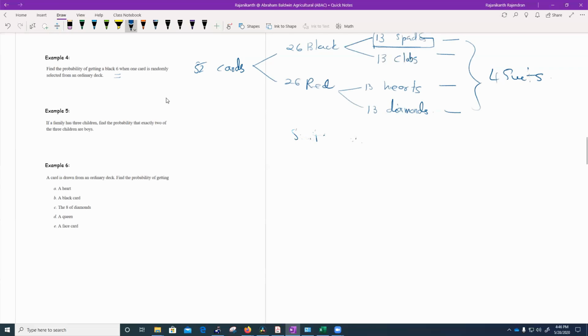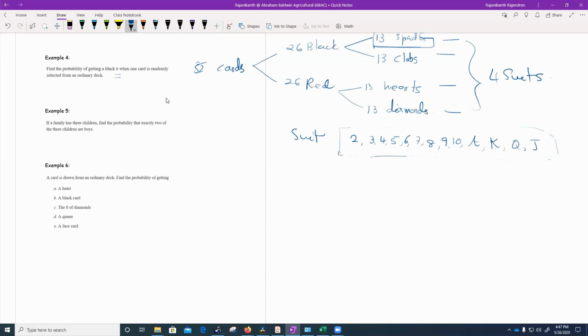You see the numbers 2, 3, 4, 5, 6, 7, 8, 9, 10, and you will see one card with ace, one with king, one with queen, and one with jack. If you count, you should get 13 in total: 1, 2, 3, 4, 5, 6, 7, 8, 9, 10, 11, 12, 13. For each suit, you will have this many cards.